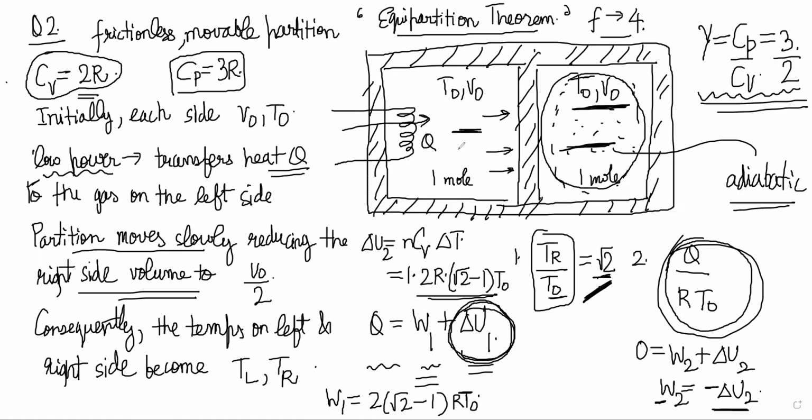It's a partition, so on both sides it's in equilibrium, right? There is no heat exchange, so the only thing that will be equal is pressure on both sides. So you can sort of find the pressure here if you want.